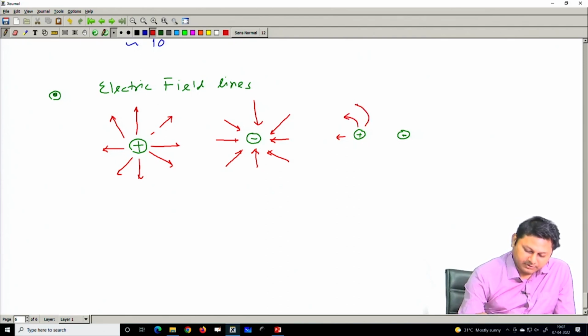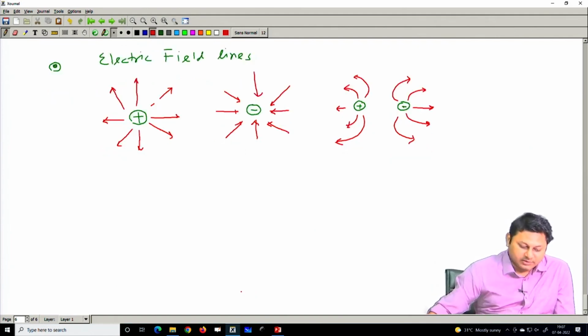This is roughly the field line, I am just drawing by hand. It is going to play an important role later on. So, this is the way one can draw the field lines.